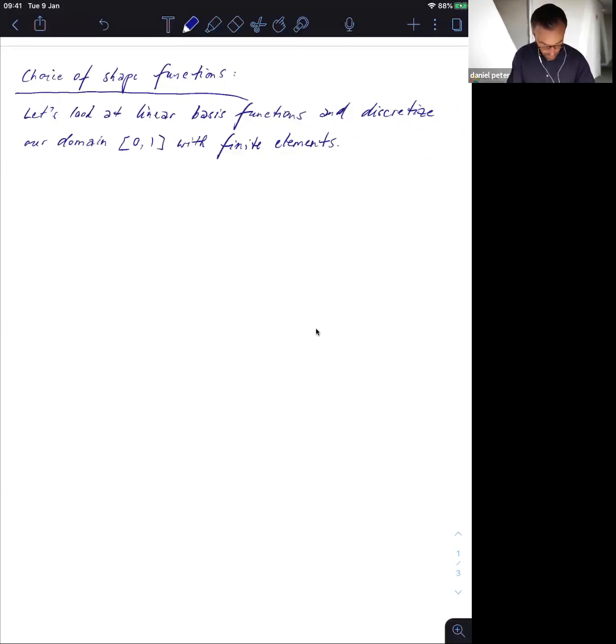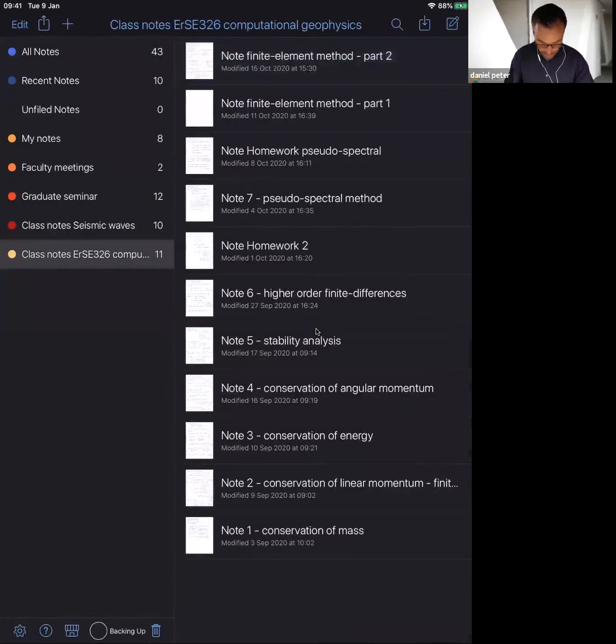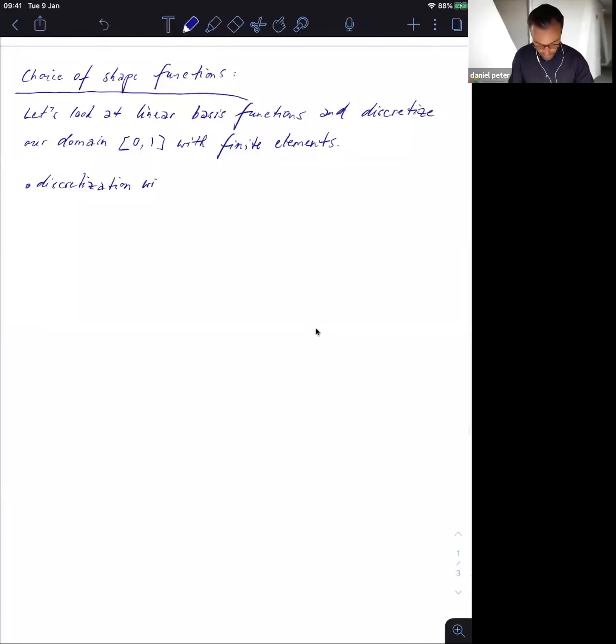So let's have a discretization with a number of elements n equals 1.